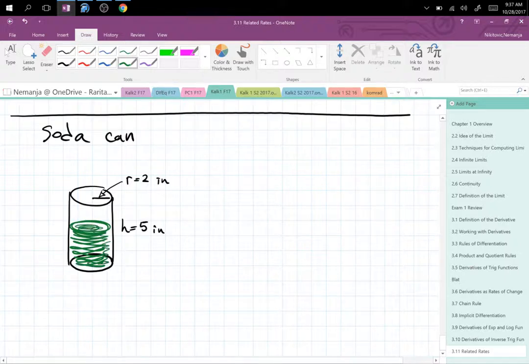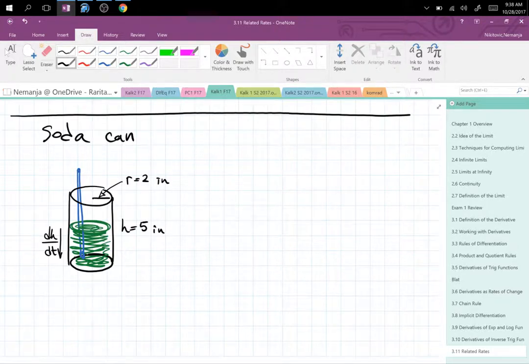And we're going to have a blue straw, right? And as you drink, the height goes down. So we have dH dt this way.